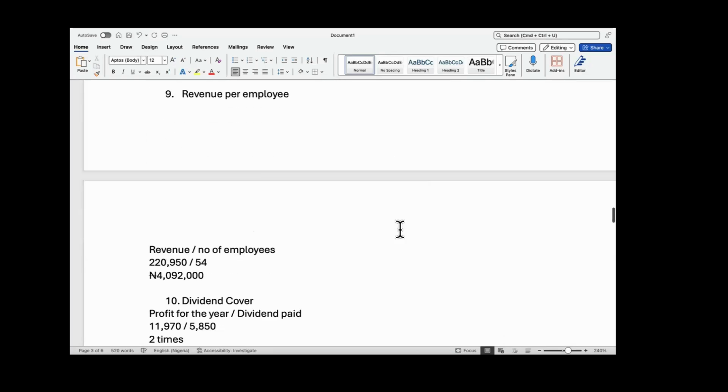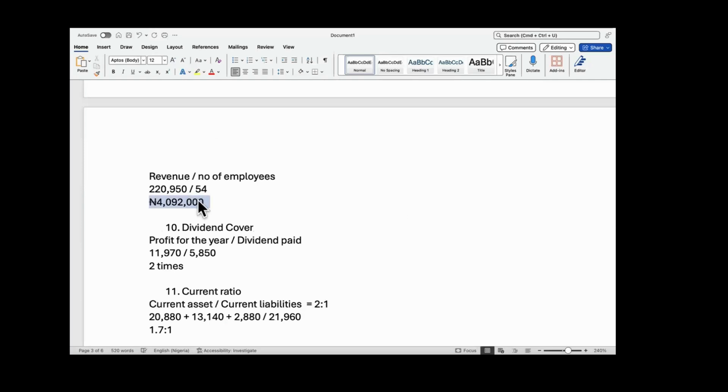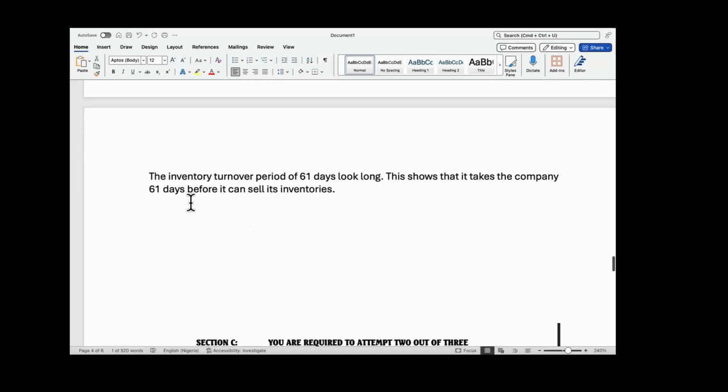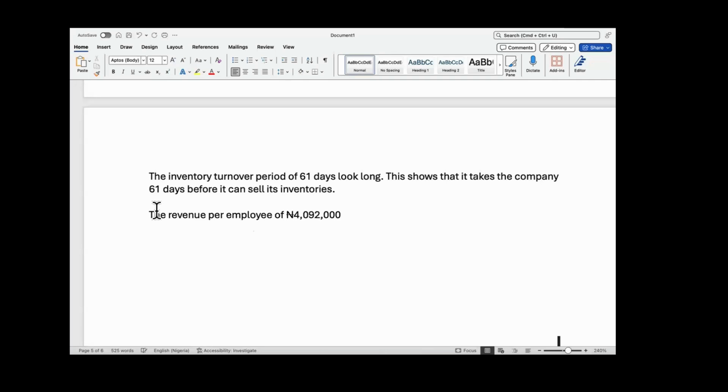Revenue per employee of 4 million. The revenue per employee of 4 million is better than the average industry figure of 2,313,000.